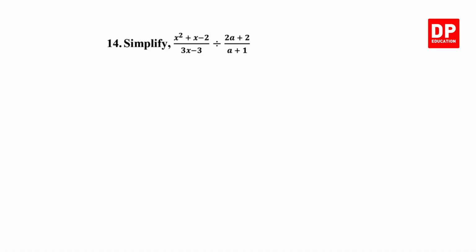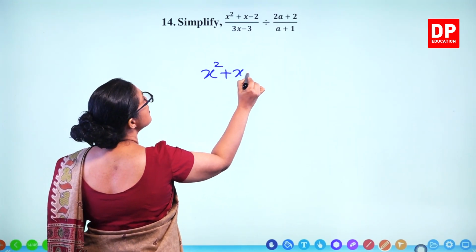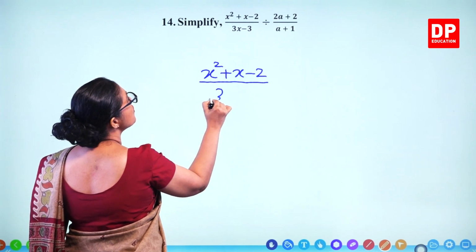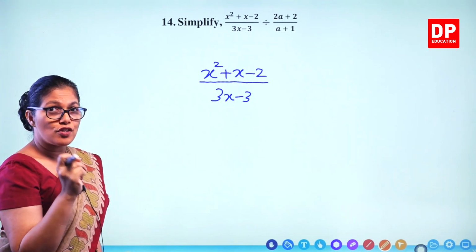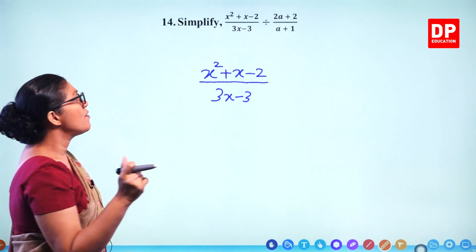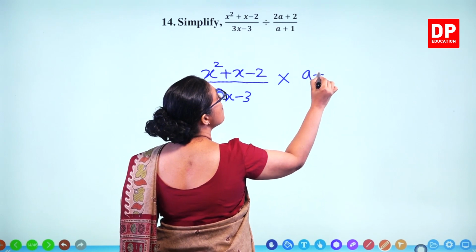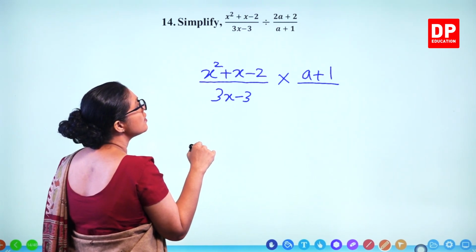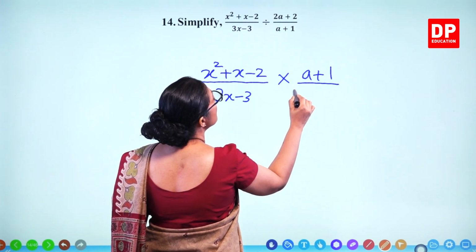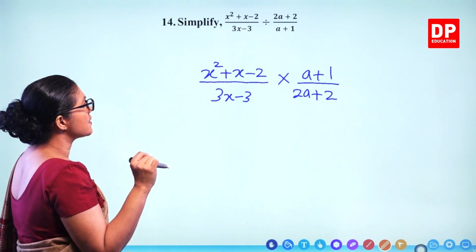Question number 14. Simplify. Division sign is the algebraic fraction division. So we'll rewrite this. Minus 2 over 3x minus 3. We'll convert to multiplication. So what you do? We take the reciprocal. Multiply by the reciprocal. Numerator goes to the denominator, denominator goes to the numerator. 2a plus 2. Now you have to factorize.